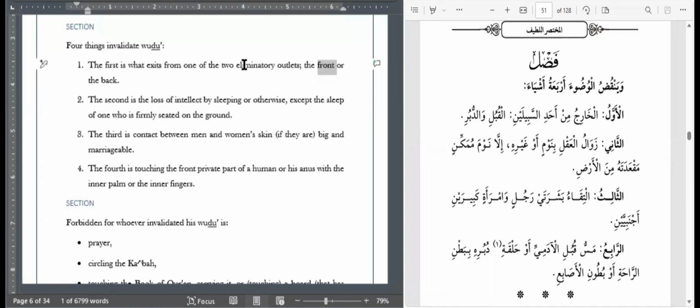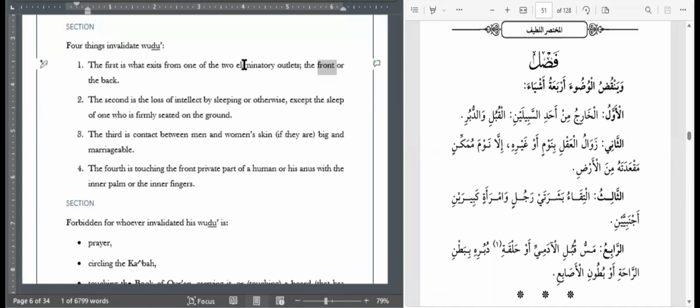And I gave you another example. Let's say a man inserted into his urethra, into his penis, something like a rod. Inserting that into his penis will not break his wudu.